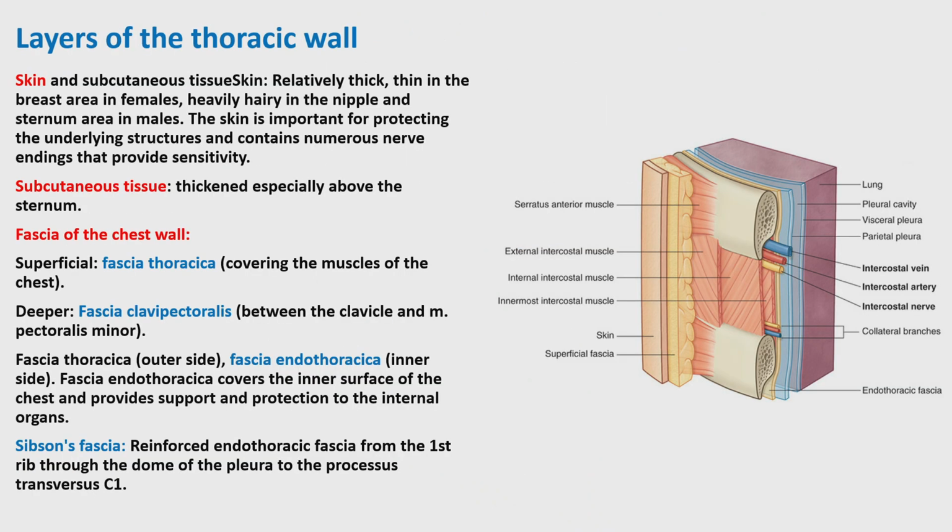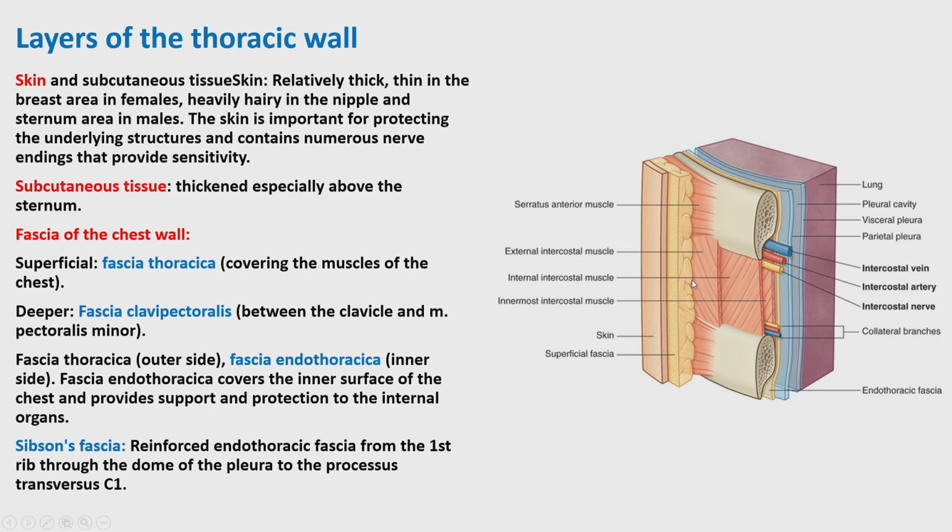So if you get the chest wall and you are going to dissect, you have to know layer by layer what layer you have. First layer, of course, is the skin. Under the skin is the subcutaneous connective tissue, which is variable individually. It is composed of fatty tissue or adipose tissue.